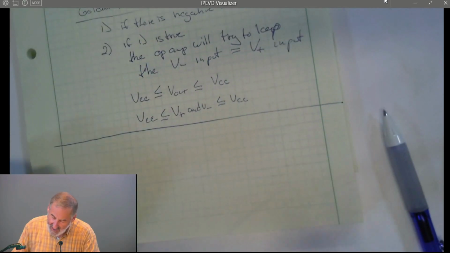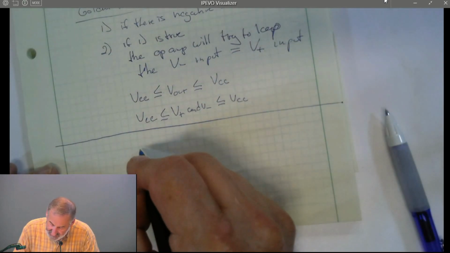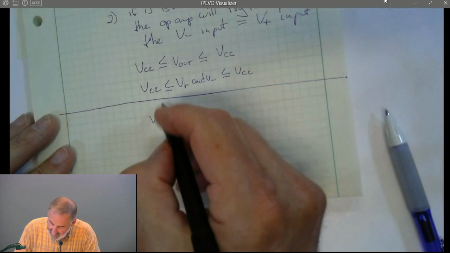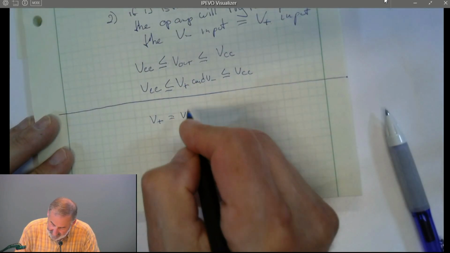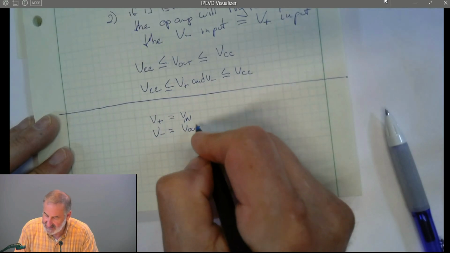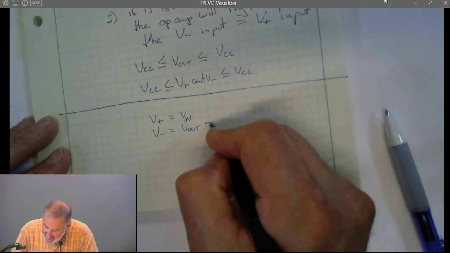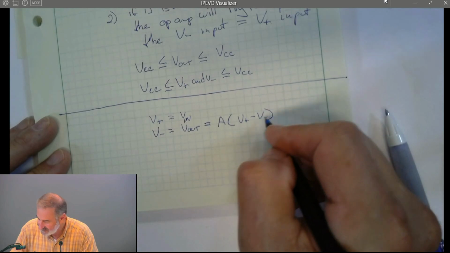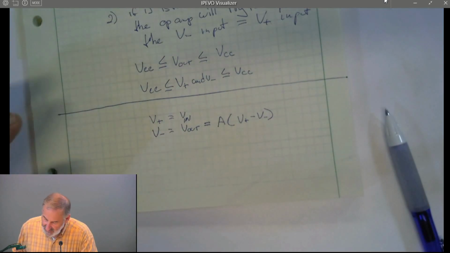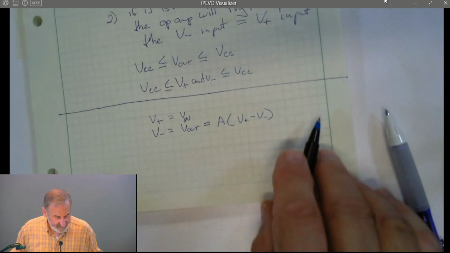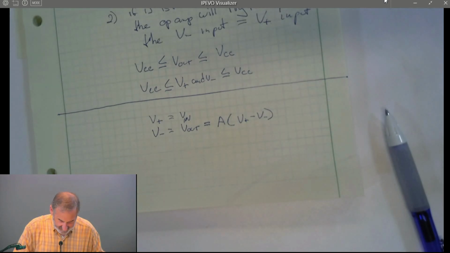And let's see why. So let's write our actual equations. Here, looking once again at this circuit, V plus is equal to V in. V minus is equal to V out because we've connected V out directly. We know that V out is also equal to A times (V plus minus V minus). Now we can substitute and do a little bit of algebra.